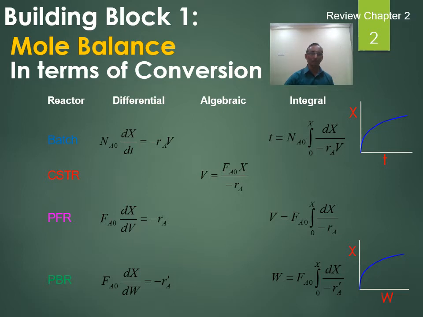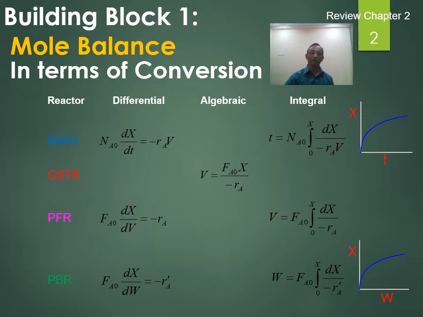Similarly PBR, that is the catalytic reactor, V is replaced by W, where W is the weight of the catalyst. So to find out the time in the batch reactor, the volume of the reactor in PFR, and the weight of the catalyst which converts that particular reaction in PBR, we have the integration term with respect to the conversion 0 to X.